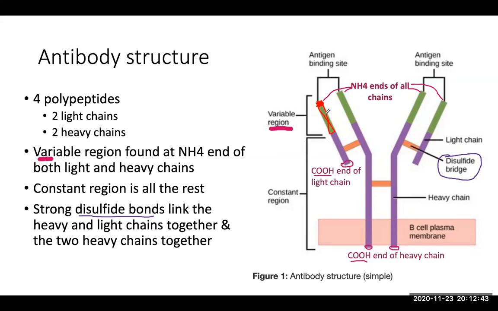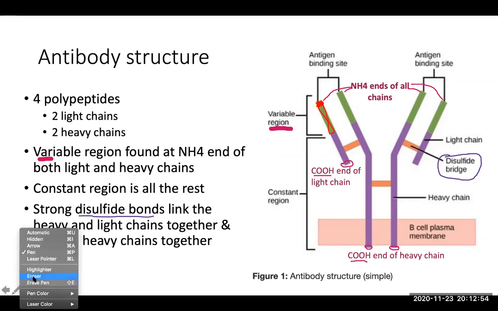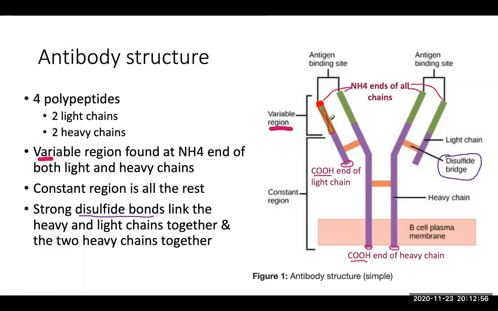And so we have this part of the antibody that's called the constant region that does not change, but the green part does change. And that's why it's called variable.